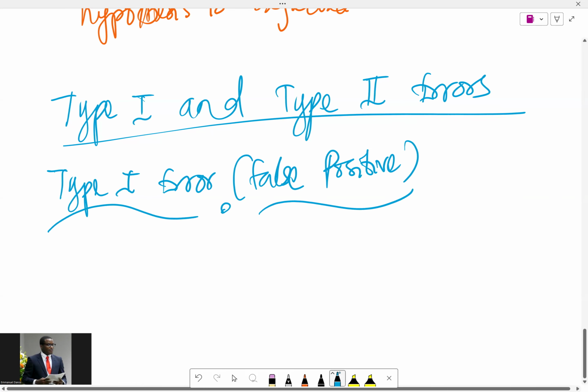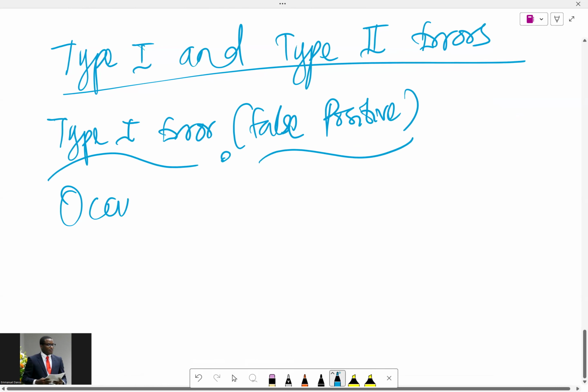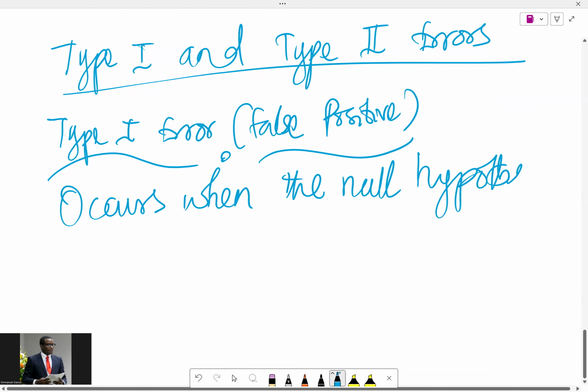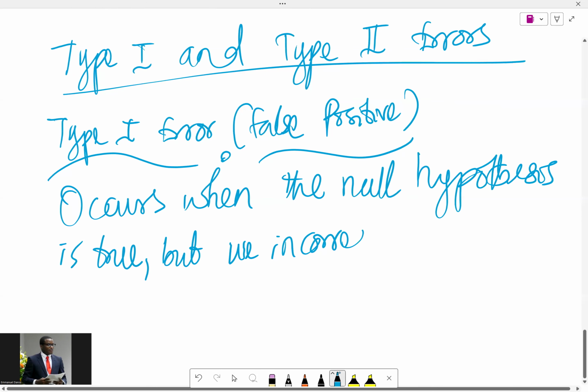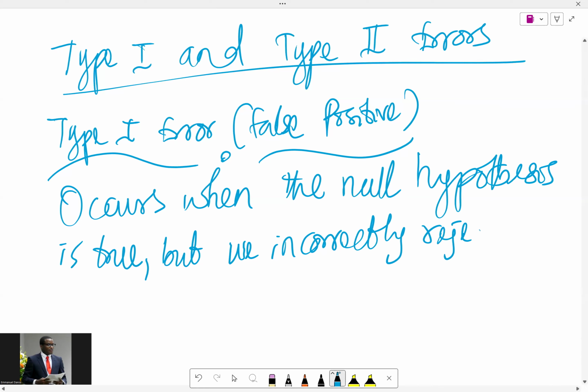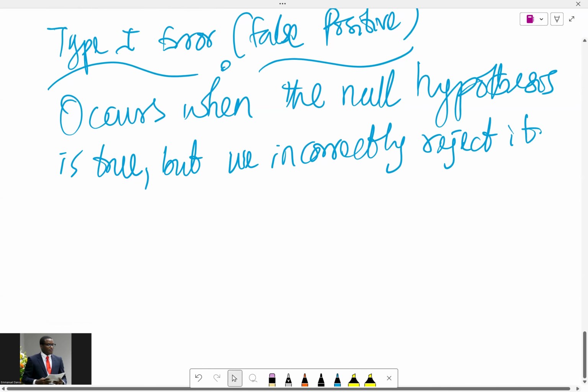Type 1 error actually occurs when the null hypothesis is true, but we incorrectly reject it. So type 1 error is rejecting the right, and type 2 error is accepting the wrong, something like that. So type 1 occurs when the null hypothesis is true, but we incorrectly reject it.